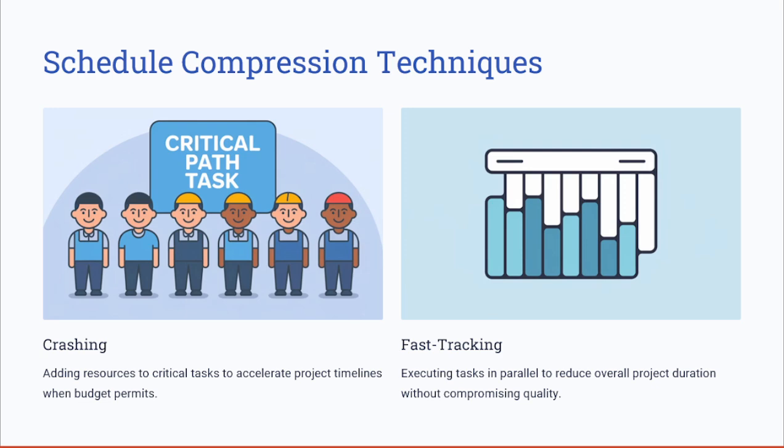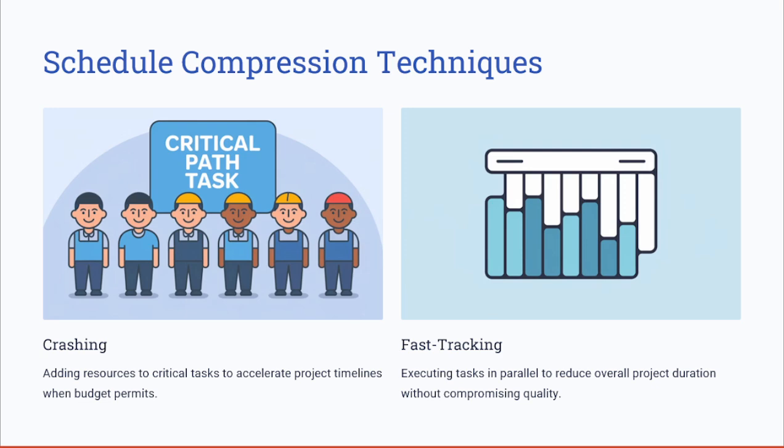Also, the other drawback is that it might reduce the efficiency if too many resources are assigned. Think of one task that has 10 people working on it. We are not saying for sure, but it might reduce the efficiency if there are too many resources assigned to that task.